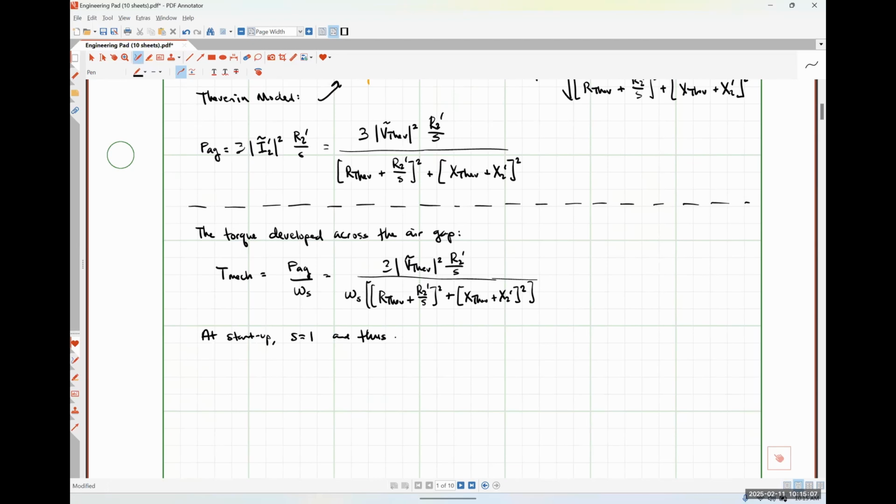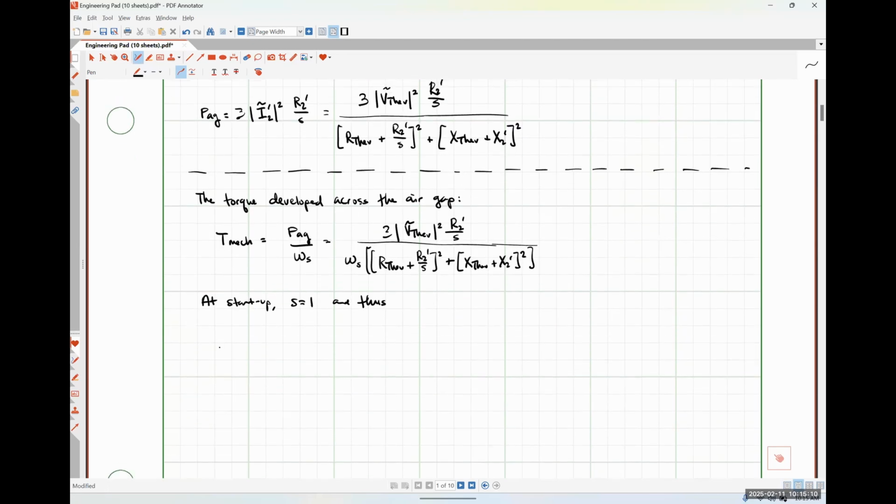And from this, we could say that our startup torque, so T start, is just going to be 3 times the magnitude of our Thevenin voltage squared times R2 prime over omega s times the quantity R Thevenin plus R2 prime squared plus the quantity X Thevenin plus X2 prime squared, like so.